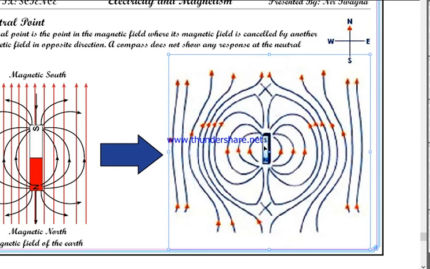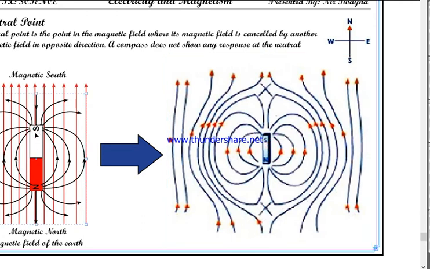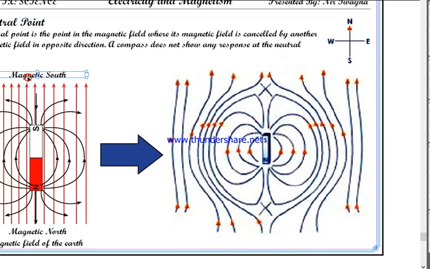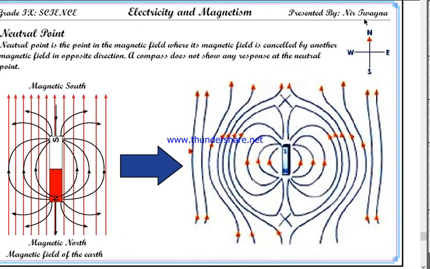So for a magnet there are always two neutral points, and this is the case when the south pole of the magnet is facing toward the north pole. Magnetic south means actual north pole. Don't be confused. Magnetic south means actual north.